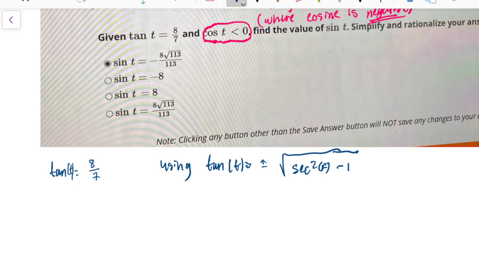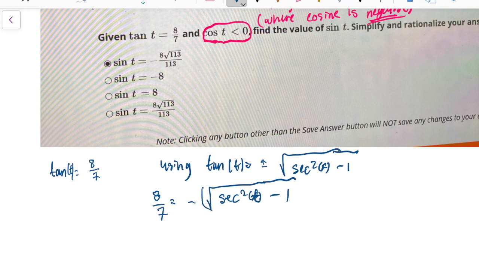We get 8/7 equals negative square root of secant. Okay, I just realized that I was using the negative formula here, but I was supposed to be using positive since tangent 8/7 is positive.